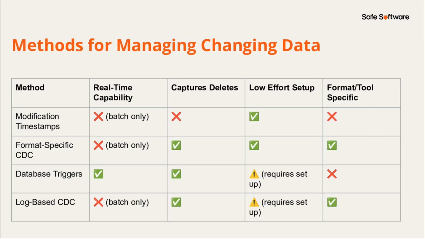All those other methods are going to be batch, so that's going to rely on, say, a workspace that's set to run on a schedule or an automation in FME Flow. In terms of capturing deletes, modification timestamps, so essentially using a where clause, is not going to capture those deletes, but all those other methods are going to capture deletes if that's something that you want to capture.